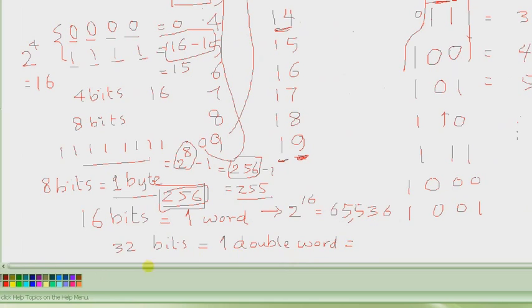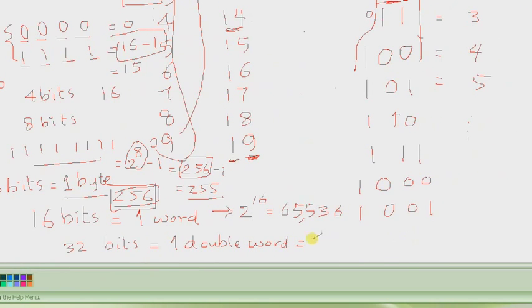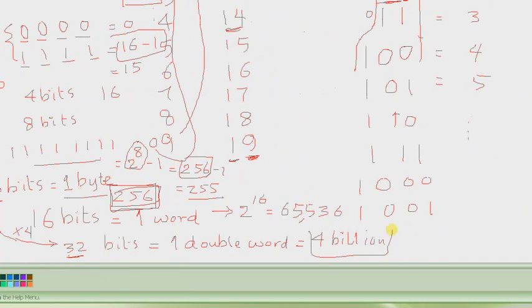And in 1 double word, which is only a 32-bit location, we could write 4 billion numbers. So that's quite a bit. See how we just went from 8 to 32 bits, which is 4 times more bits, and we can go from 256 total numbers to 4 billion numbers.